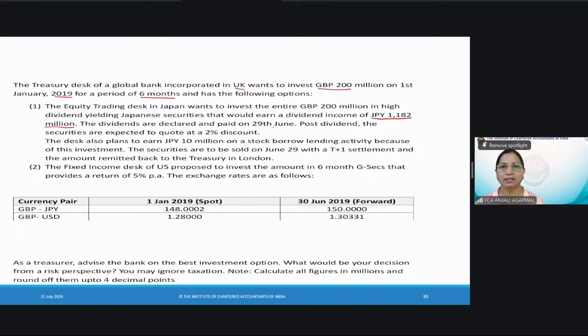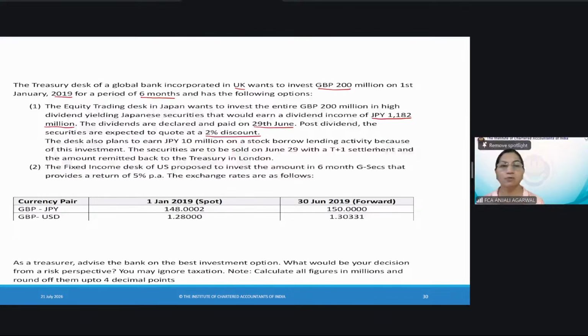The dividends are paid on 29th of June. So exactly after 6 months, there is no need to bring it to the present value. Post-dividend, the securities are expected to quote at 2% discount. So the price at which you bought the securities will fall by 2%. So there would be a capital loss of 2%.